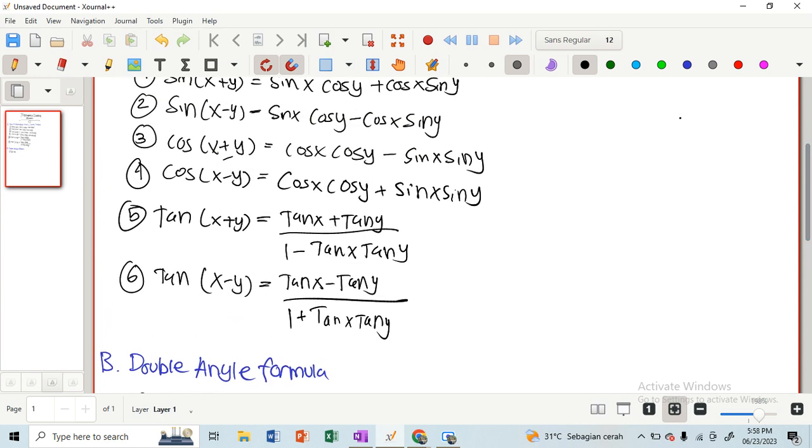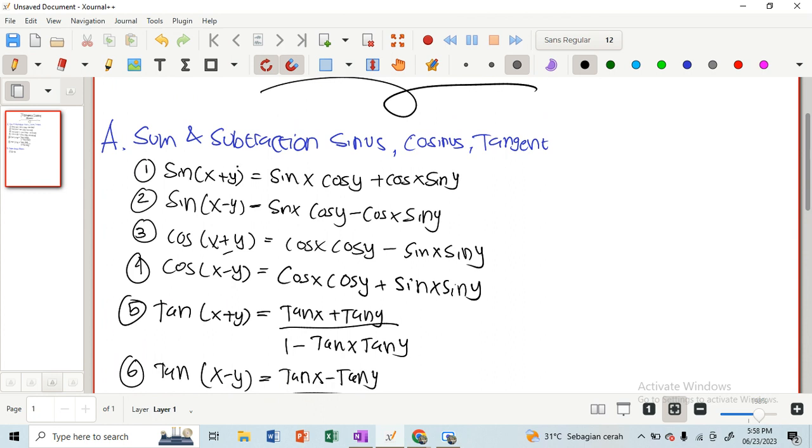So we could use this sum formula. The original formula is the sine of x plus y, right? So we change the y into x.